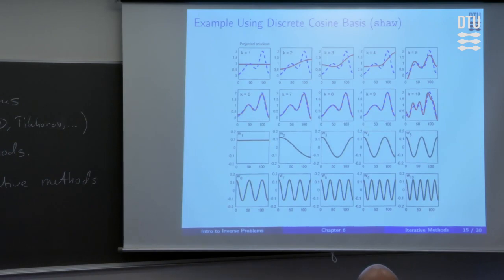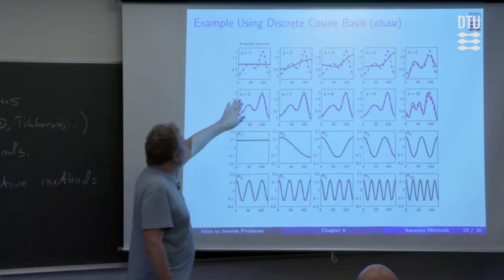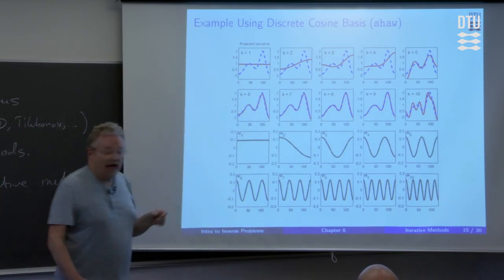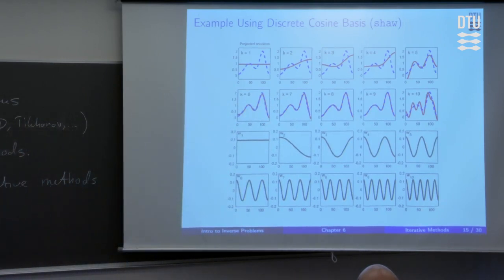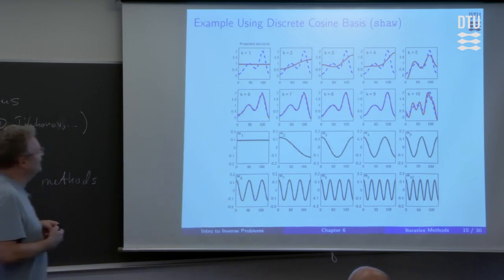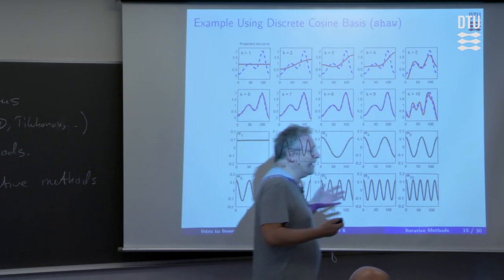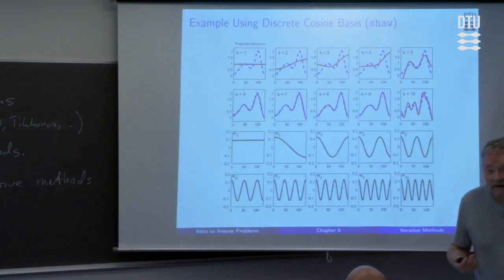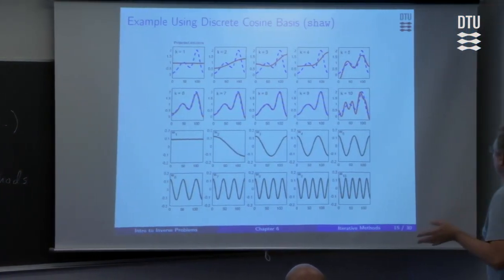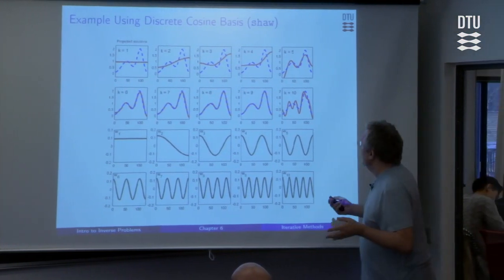And around here, k equal to 6 or maybe k equal to 7, I have enough of these cosine vectors to actually compute a pretty good reconstruction. Right there, I have the right amount of frequencies to represent that particular solution there. And all is going well, and as I increase k, things are getting better and better until, of course, at some point, I have too many.